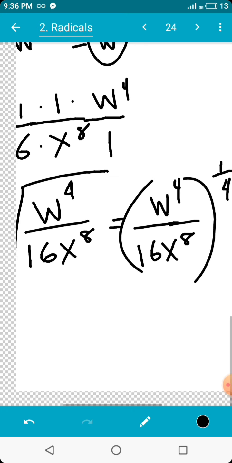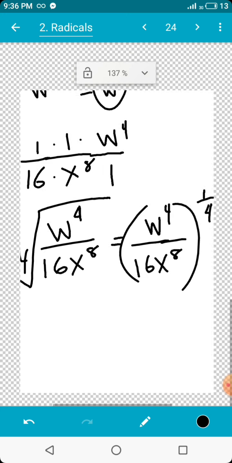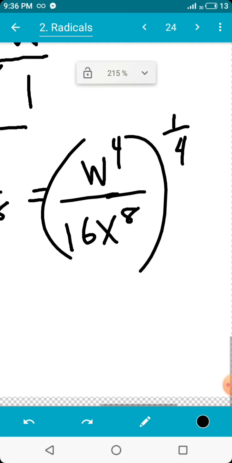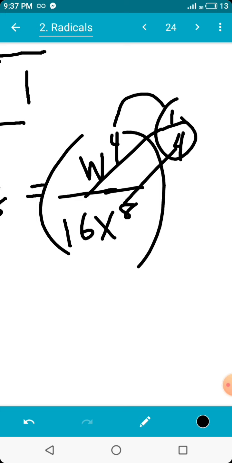Diba? Kung maaalala nyo, ang radical ay equivalent lang ng fractional exponent. Okay? But since fourth root yan, ibig sabihin, yung denominator natin dito ay 4. Okay, so balikan natin yung rule ng exponent pag ganito yung scenario. So, ibig sabihin, i-multiply lang natin itong exponent sa bawat isa.